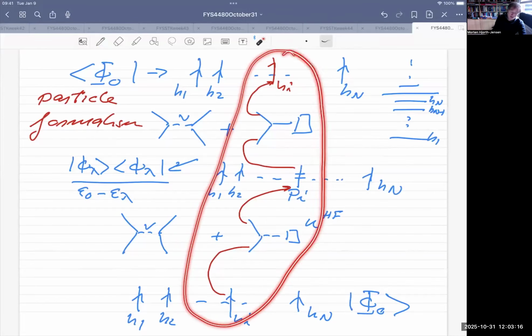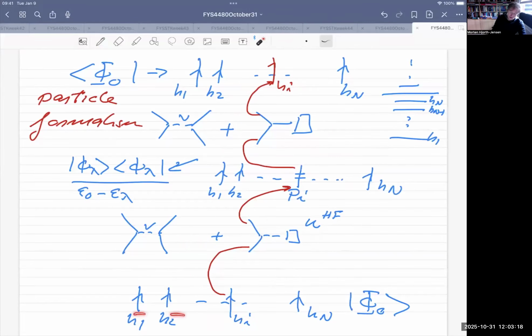And then we will keep repeating this for all the single particle states which we have here, which then will interact with this one-body interaction. So next week, we are then also going to look at what happens when two of these interact with that one. This will create a two-particle, two-hole state. And this is going to create a one-particle, one-hole state.